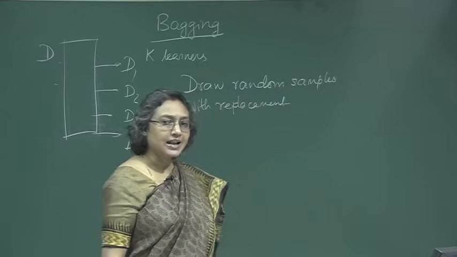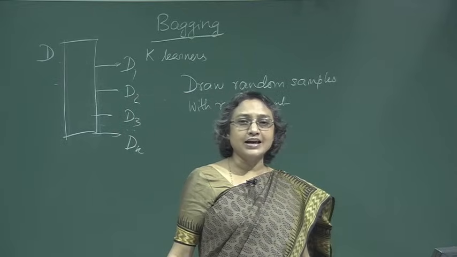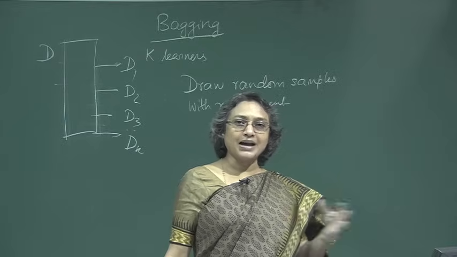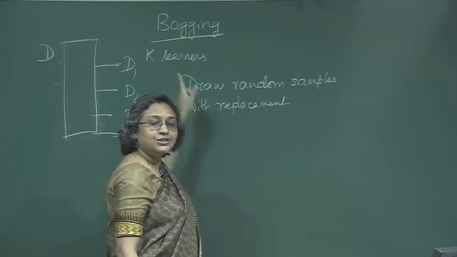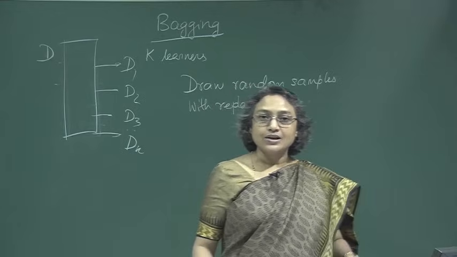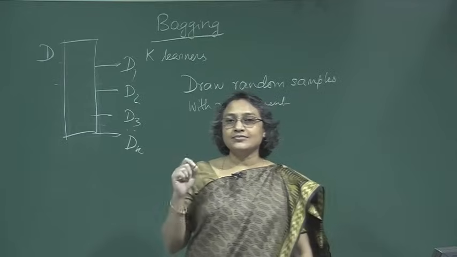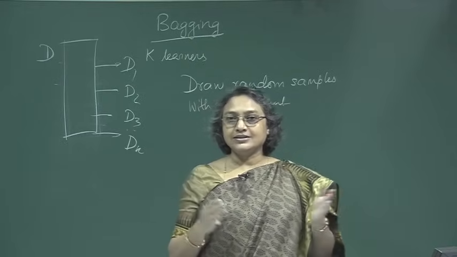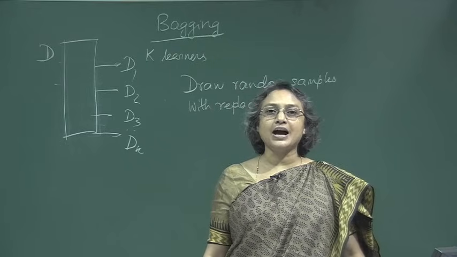We have discussed in the last class that in order for ensembles to work, we desire that these learners have high variance, and by combining these k learners, we can reduce the variance in certain cases by 1 by k. We also discussed that in order for the different learners to produce different hypotheses, we want the learners to be unstable.